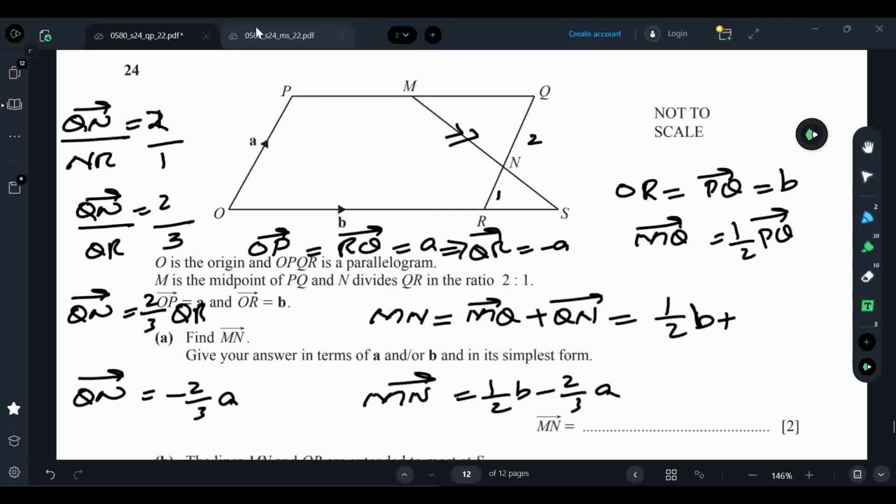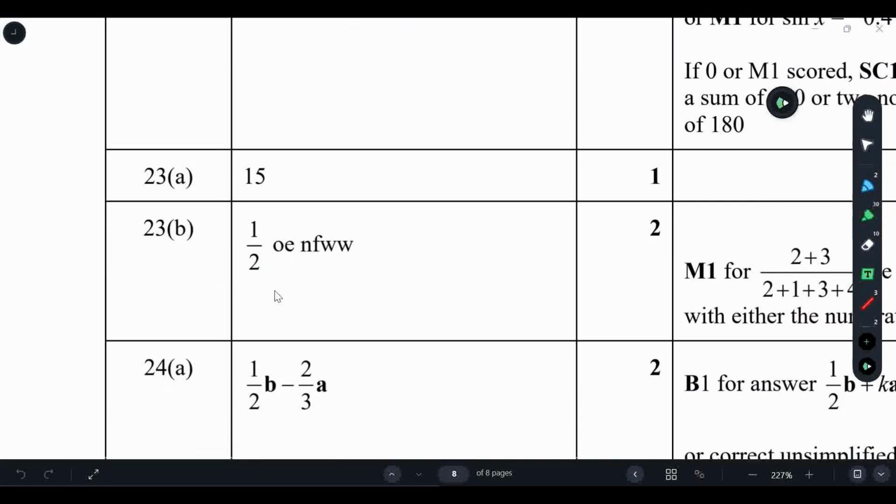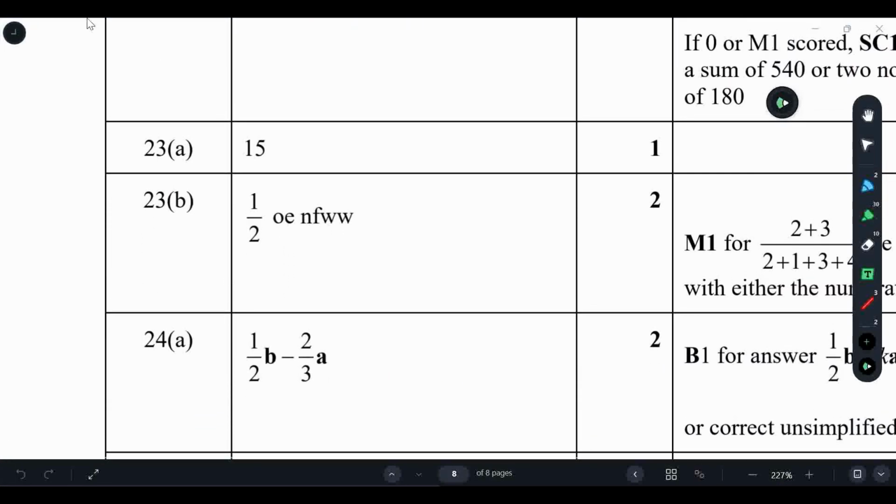In the marking scheme, 1 by 2 B minus 2 by 3 A. I hope that the concept is clear.